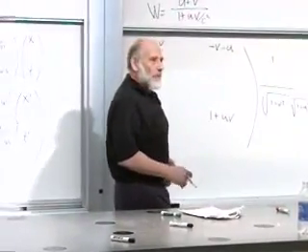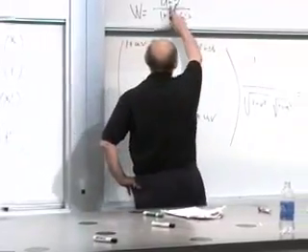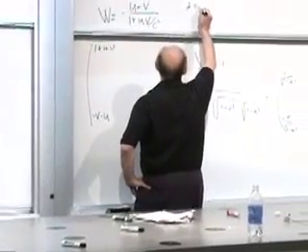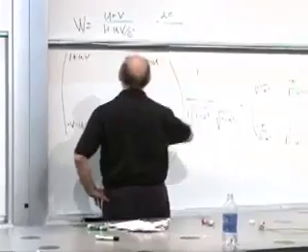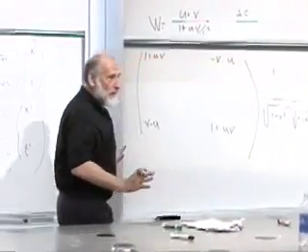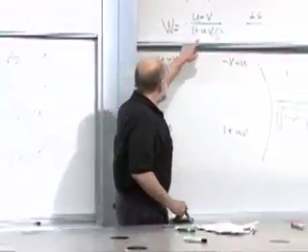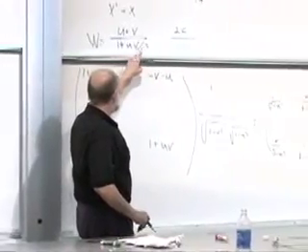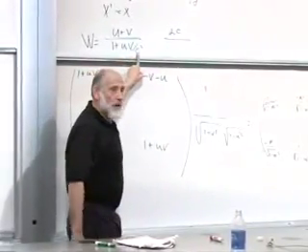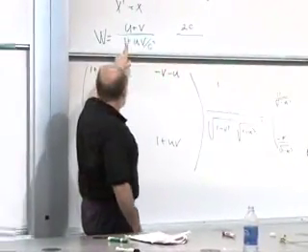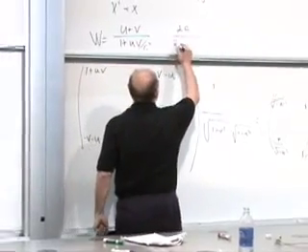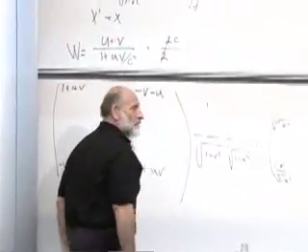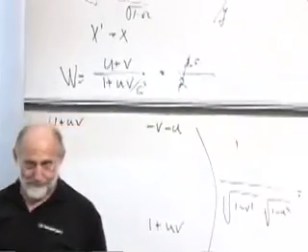Then what does w come out to be? Well, the top becomes twice the speed of light. But the bottom, u and v are both equal to the speed of light, so uv over c squared is 1, and 1 plus 1 is 2.